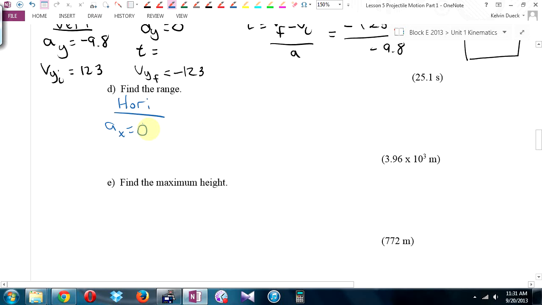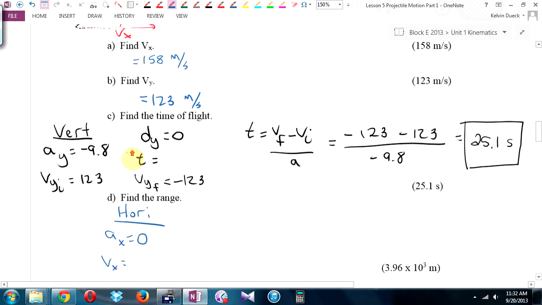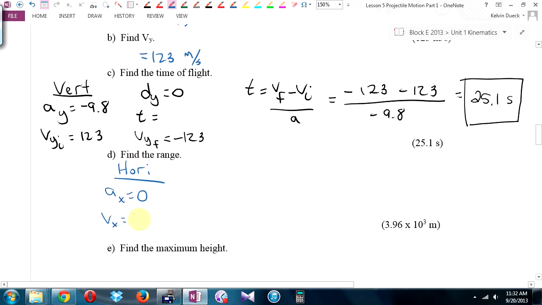That's why I'm cutting you off each time. As soon as I write horizontal, I know that. Oh, I also know Vx. What was Vx? I got to scroll back, 158. And what did we say we're trying to find here? Dx equals.